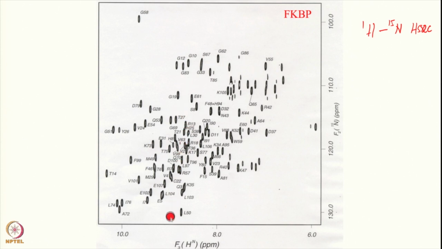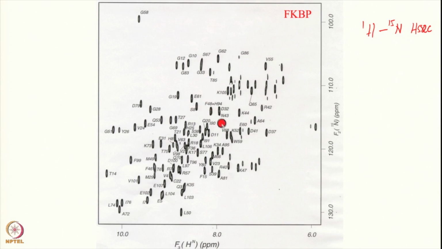But now you see all of these amino acids have different N15 chemical shifts, and therefore they get separated on this N15 axis. Similarly, if you took another position, there are so many amide protons at the same chemical shift, and fortunately they have different N15 chemical shifts.